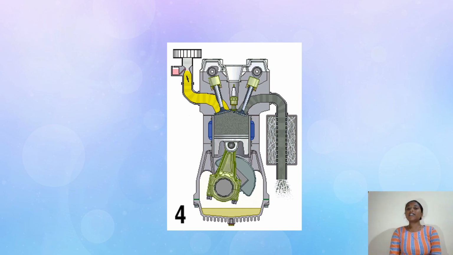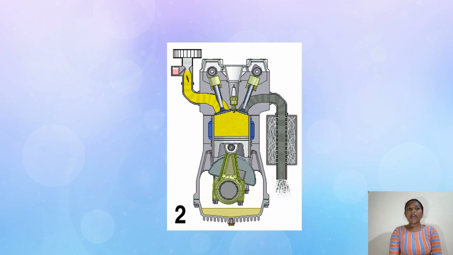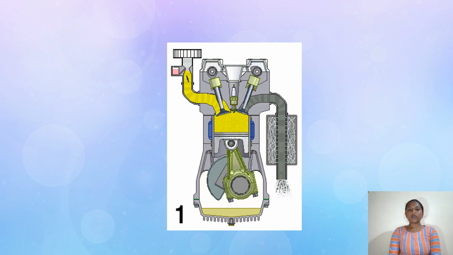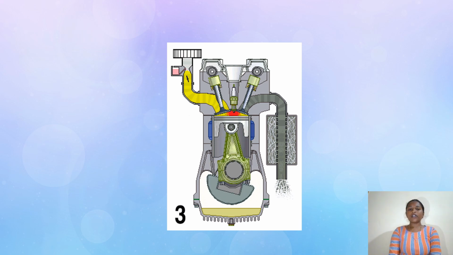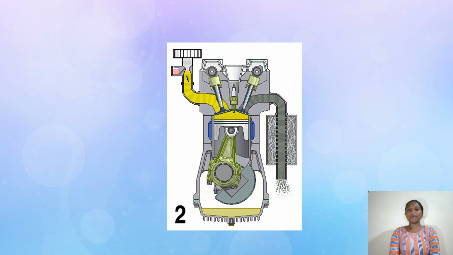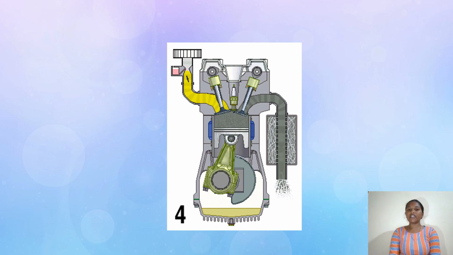This is how practically the four-stroke diesel engine works. As we have studied, first will be the suction stroke. During the suction stroke, the air will be entered, and during the compression stroke, the air inside the cylinder will be compressed due to the high pressure and temperature.